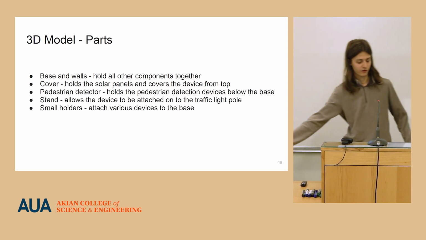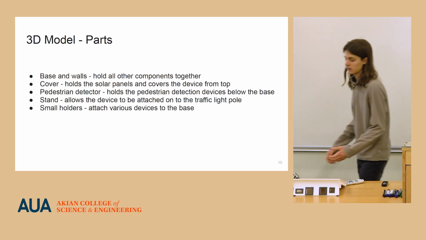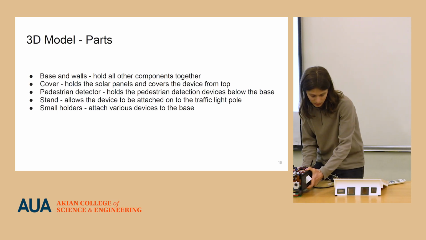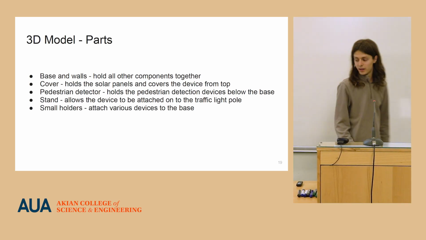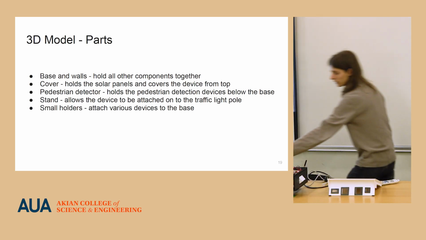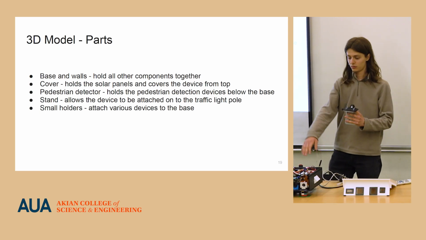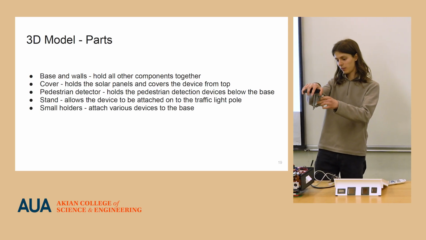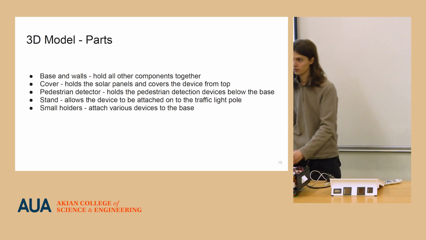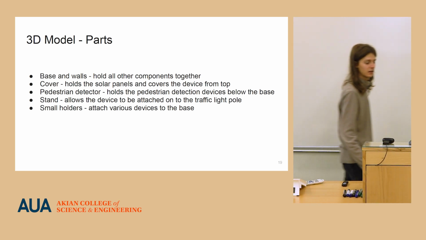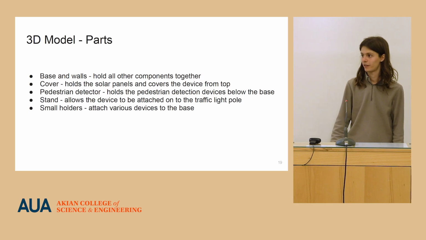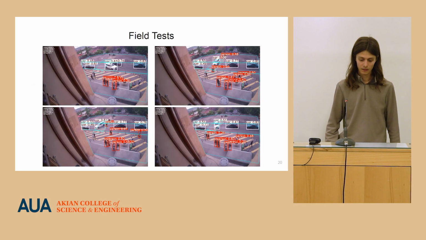It consists of the cover, the pedestrian detection, which is done in this part, the stand, which is this, where this can attach on top, and then this can clamp onto the traffic light pole. And also it has small holders on the inside to hold the various small components.